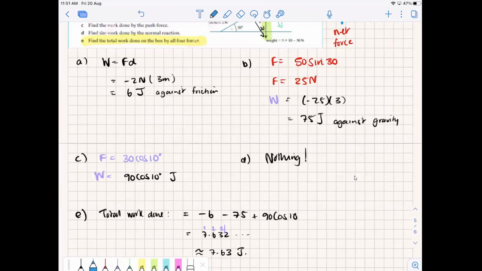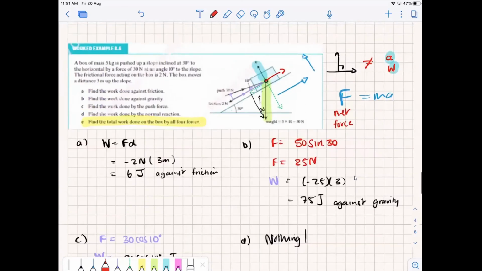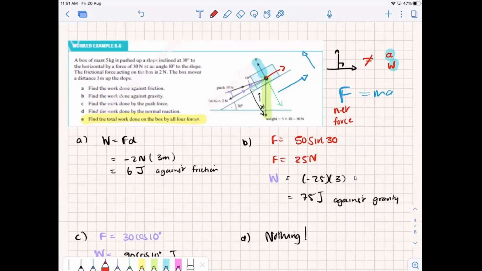Let's quickly go and have a look at that. We can do it over here. Right, what's the force, the pushing force up the hill? It was 30 cos 10, because the only thing we're interested in is that force there. That's in the direction of motion. What was the friction force? -2, eh?